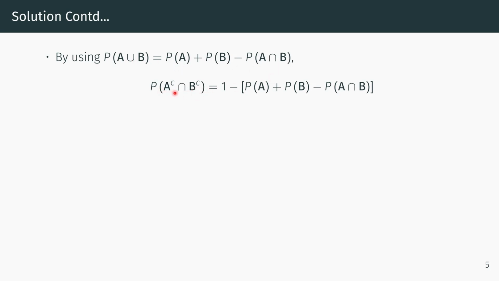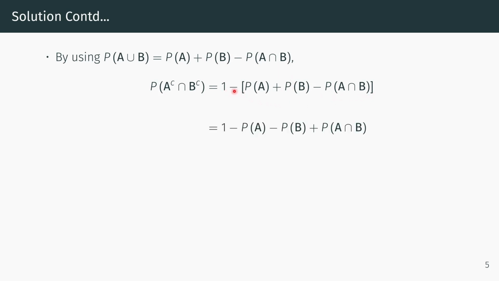So we get probability of A complement intersection B complement is equal to 1 minus probability of A union B, and that probability of A union B can be replaced with this term. So you will get 1 minus of probability of A plus probability of B minus probability of A intersection B.